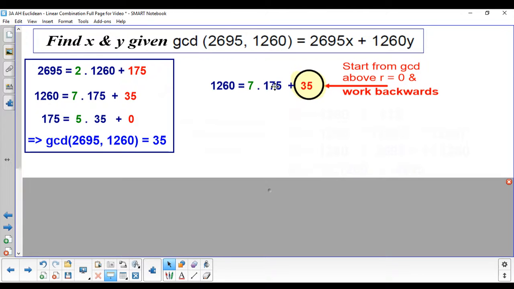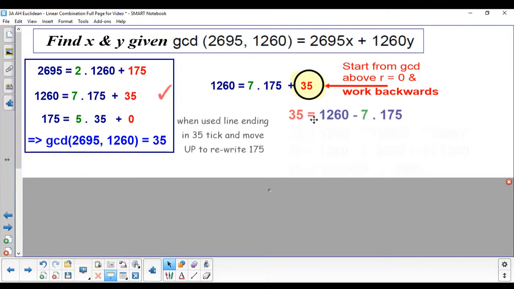So to get 35 alone, you keep the 1260 on that side and you take over the 7 lots of 175. So your first line is actually going to be 35 can be represented by 1260, take 7 lots of 175. When you've used this line, you put a little tick just so you know that you've done it, because you could have 5 or 6 lines, and then you go to the next one above.